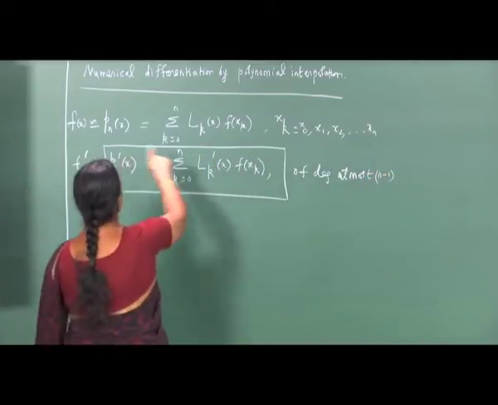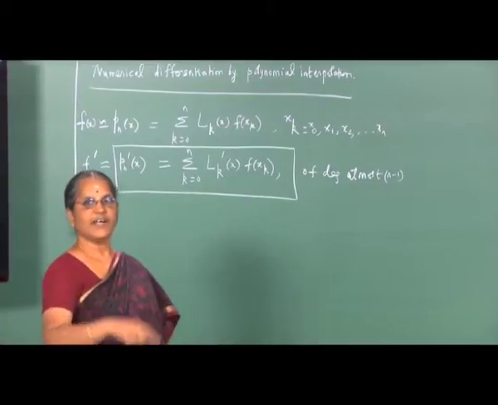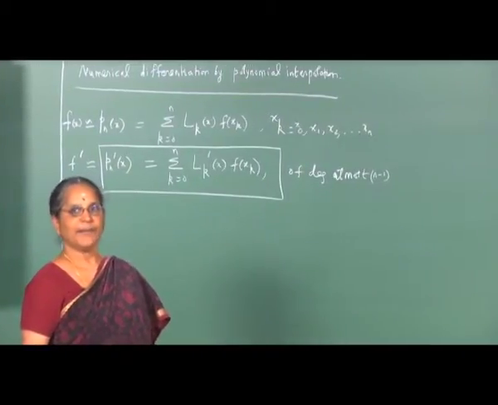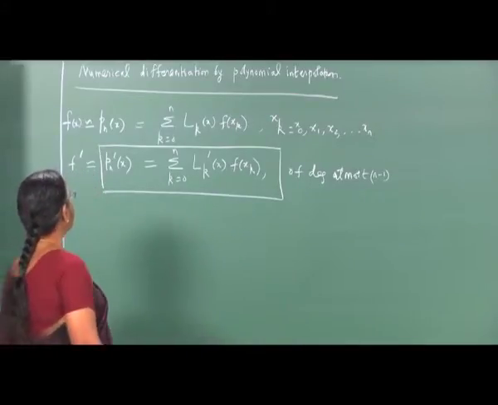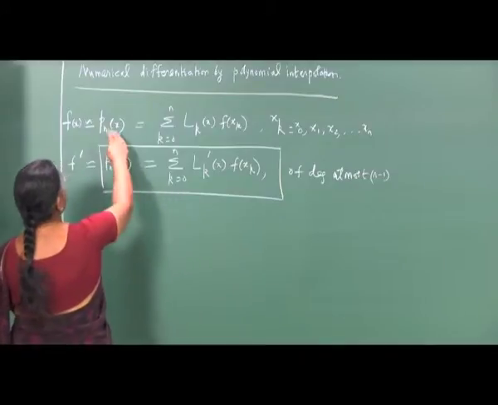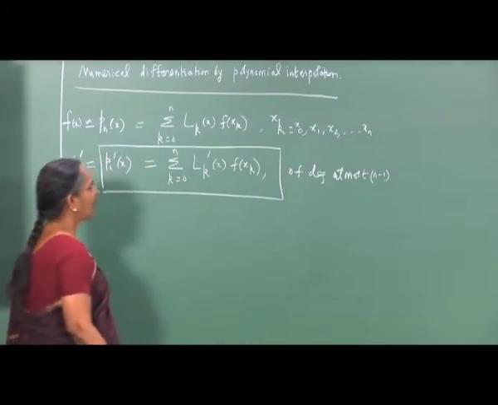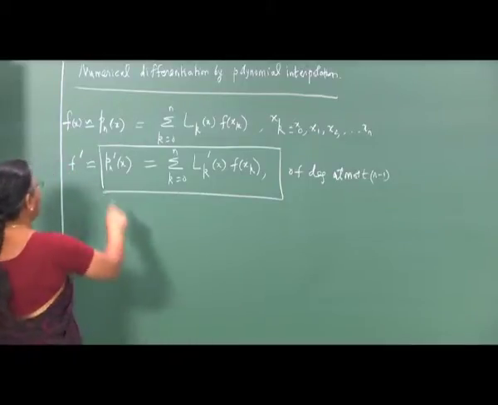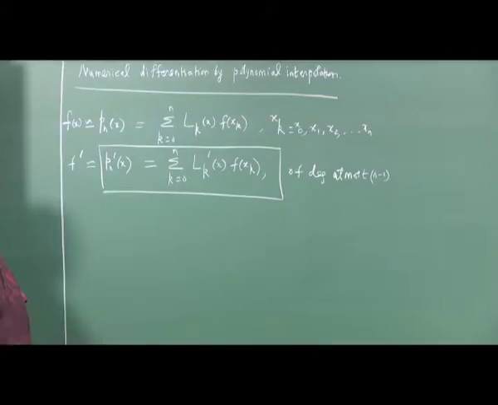Here Pn of x is the interpolating polynomial that interpolates the function at a set of n plus 1 points, and Pn of x is of degree n. So, Pn dashed is a polynomial of degree at most n minus 1 that approximates the function f dashed, which is the derivative of f.